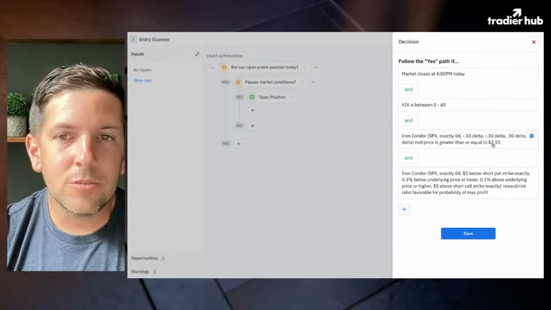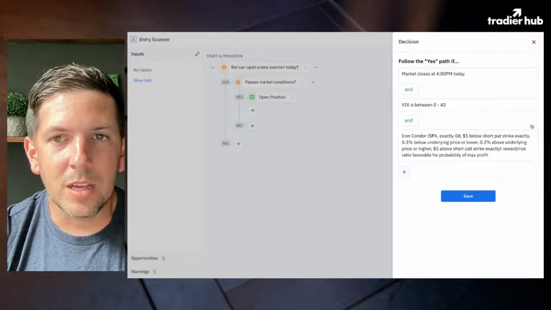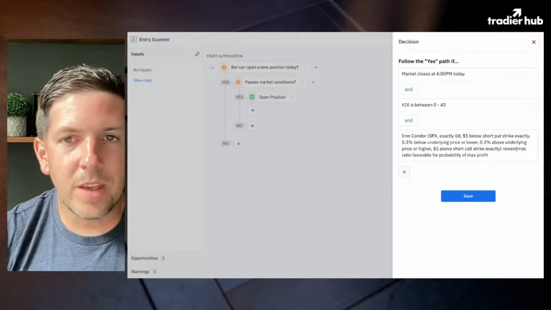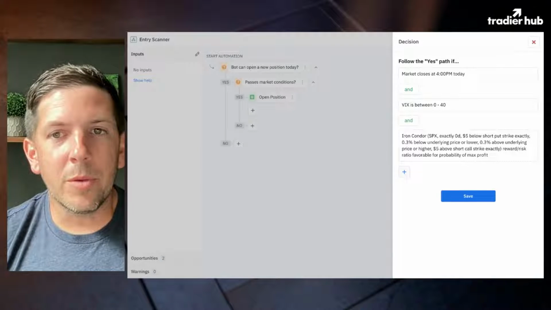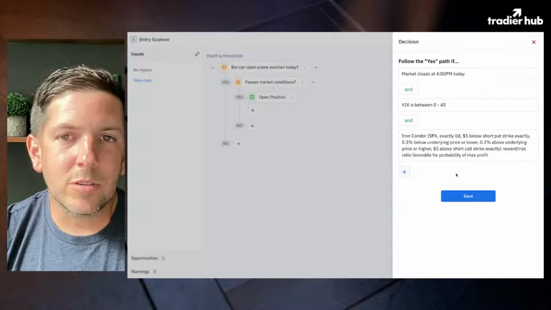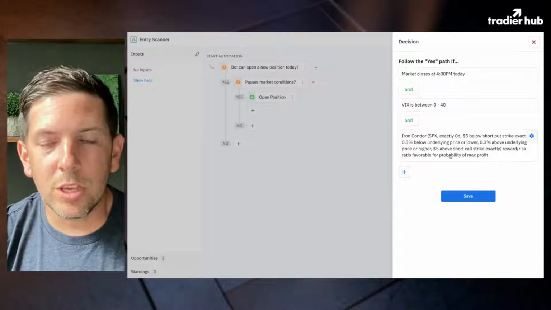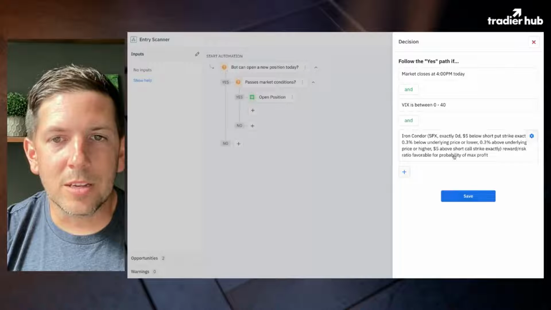That's like checking 2. And you can add this recipe here if you wanted to. You can even remove this recipe and just add this one here, which would ensure that the risk to reward is favorable for the probability of max profit. So if your max profit probability is going to be greater than X amount, then it would check and ensure that your risk to reward is favorable for that probability of max profit. It's a really good, easy recipe that you could potentially use inside your bots and automations.